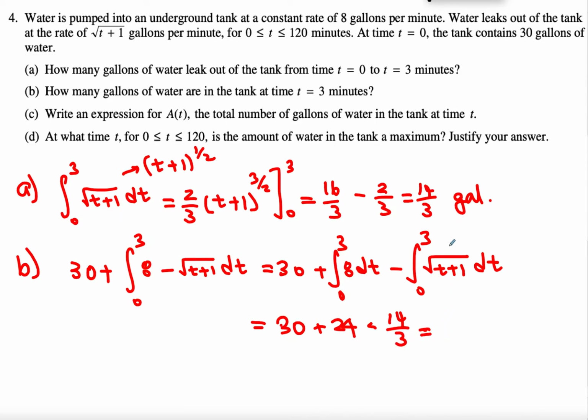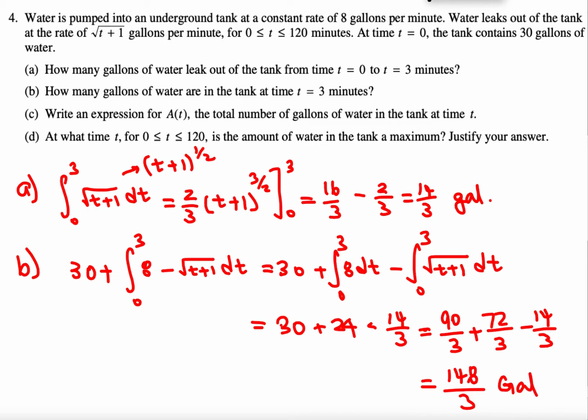So then I can just imagine it'll be 90 over 3 plus 72 over 3 minus 14 over 3. So what do we end up getting? 162 minus 14, so 148 over 3 gallons.